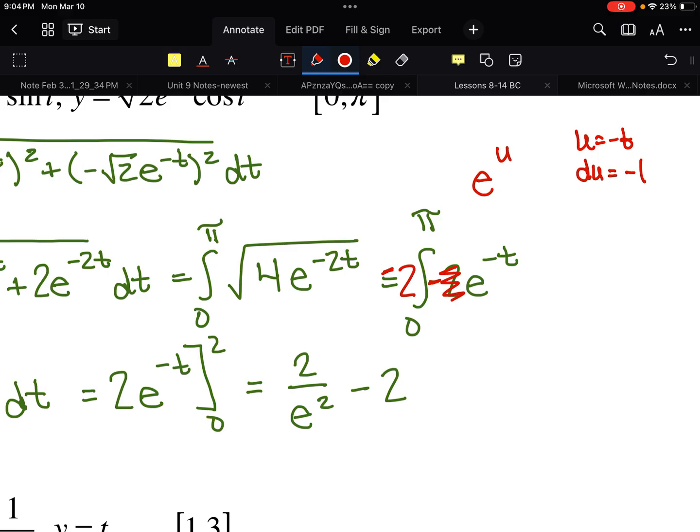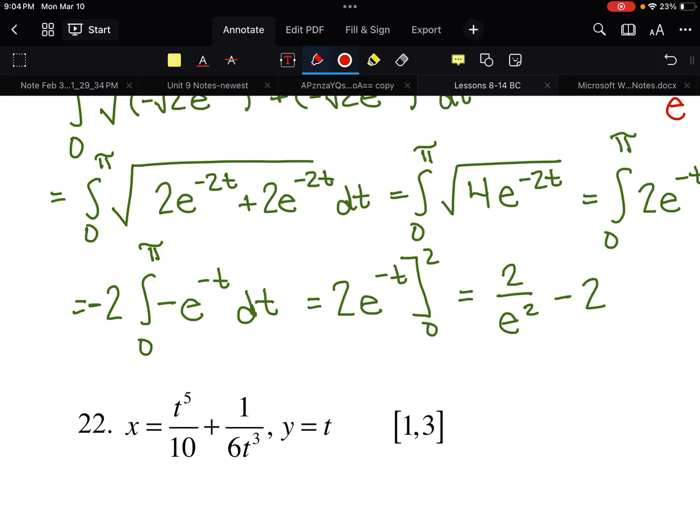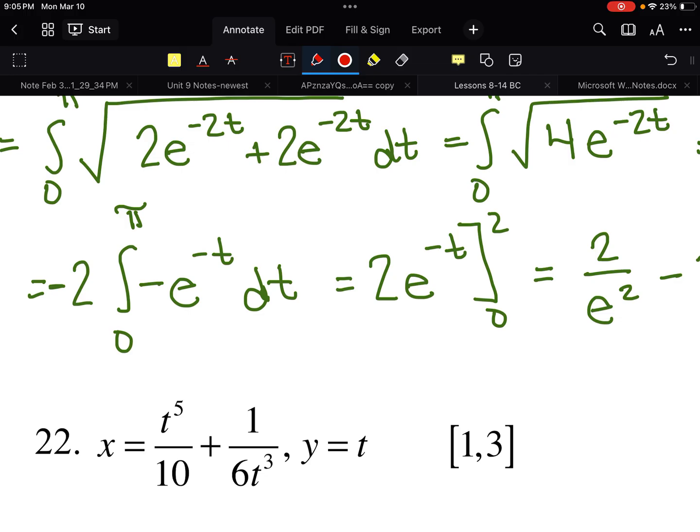And then the integral of e to the u du, what's the antiderivative of e to the u? Well, it's just itself. So that's where this came from, setting it up for u substitution.